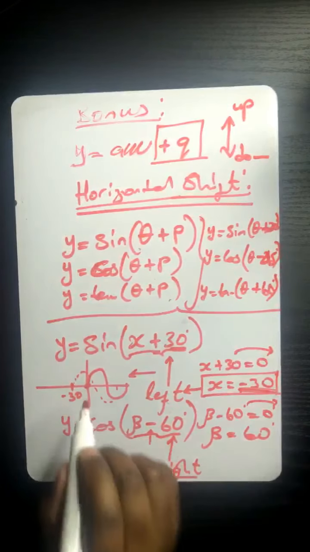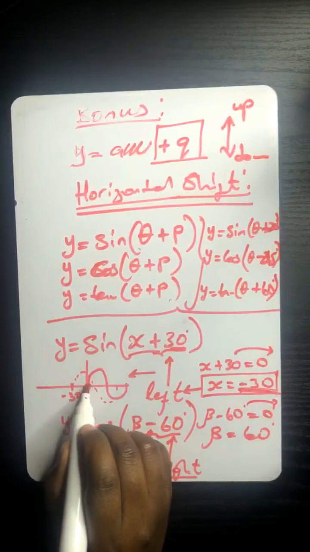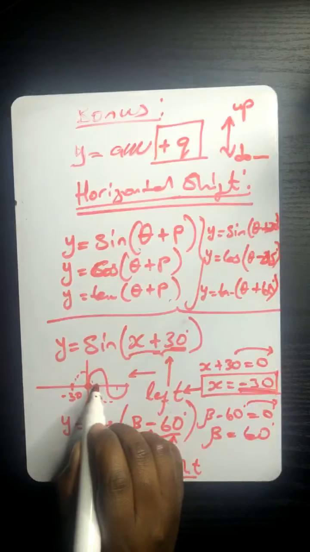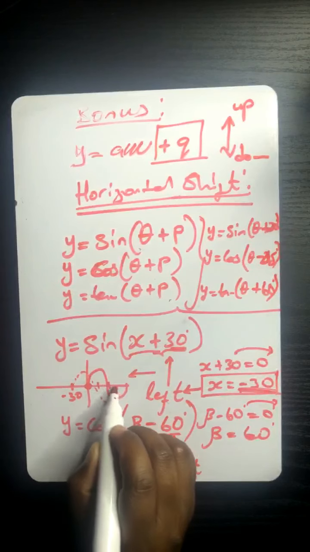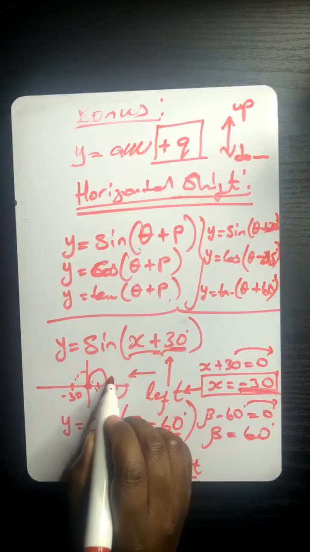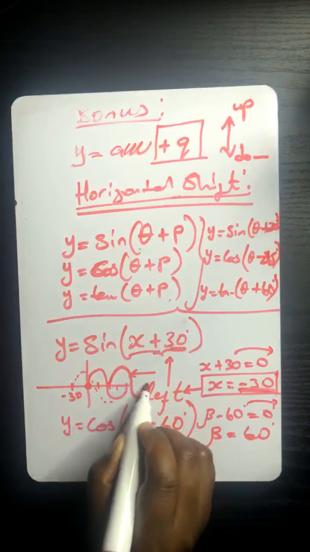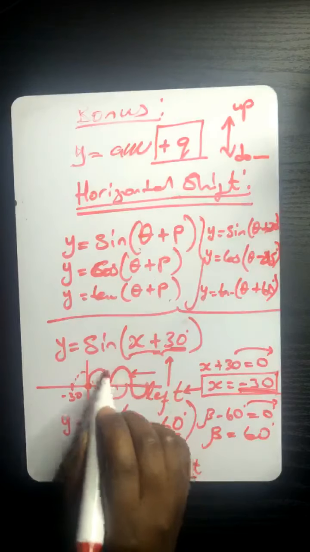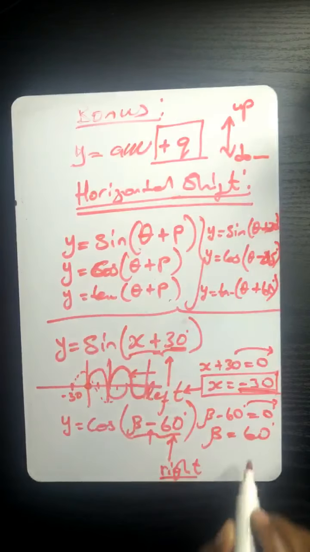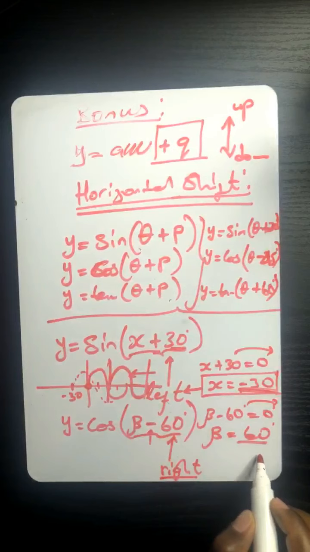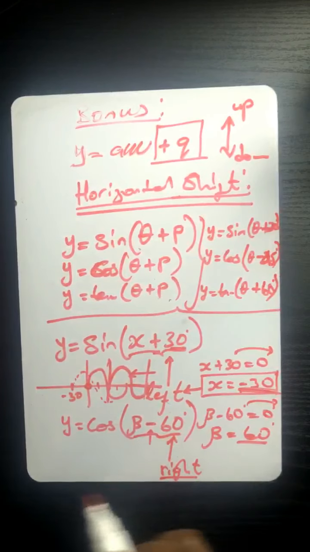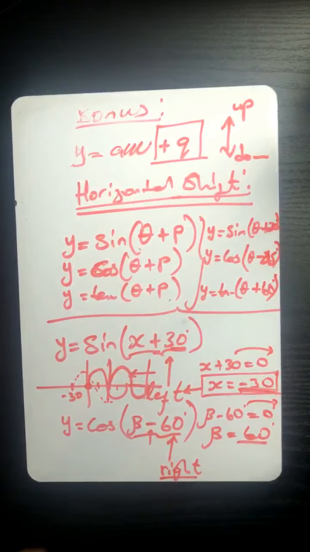So it is no longer starting at 0, but at 60. Then it starts from there, and then it ends there because it shifts by 60 units to the right. Matriculants, did you all get that?